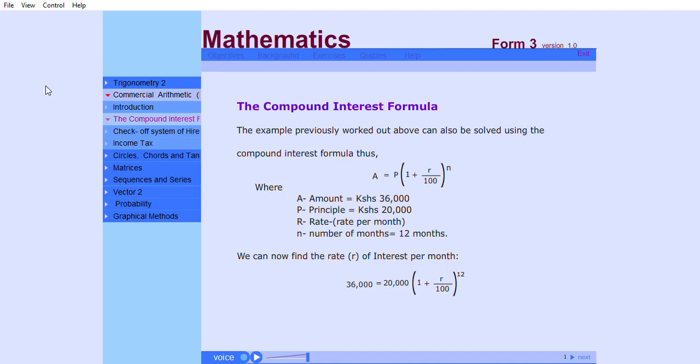36,000 is equal to 20,000 multiplied by, in brackets, 1 plus rate percent raised to power 12.